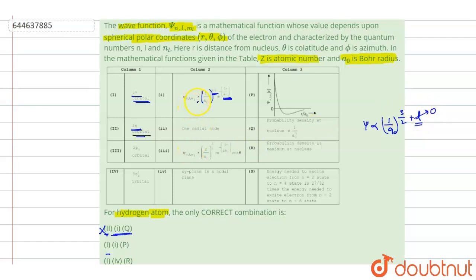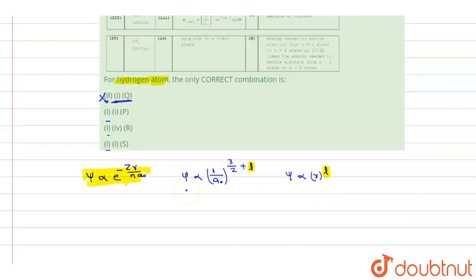Now we will see option P. In option P, we can see that there is one node present at this point, and number of radial nodes for any subshell is given by n minus l minus 1.